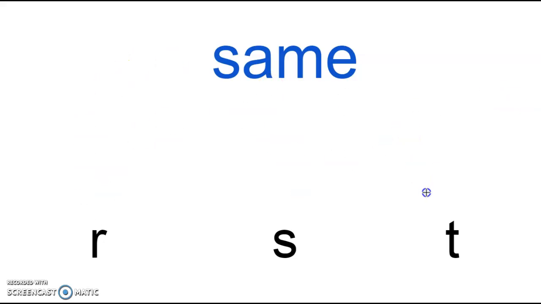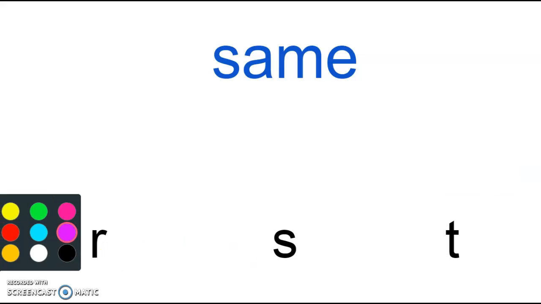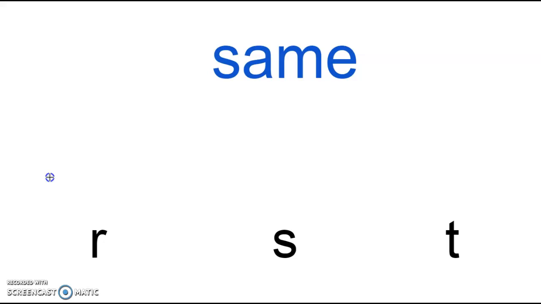Which letter below makes the s sound? Can you point or circle that letter or even say it out loud? Which letter makes the s sound? If you picked letter S, you're correct. S is in the beginning of the word same.